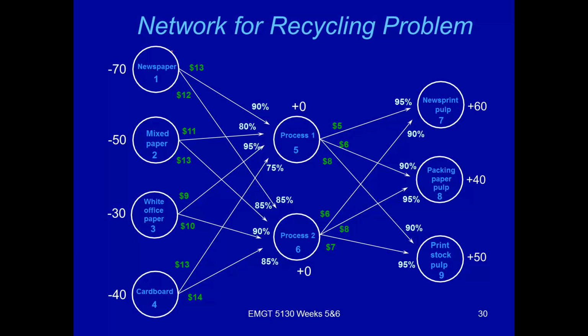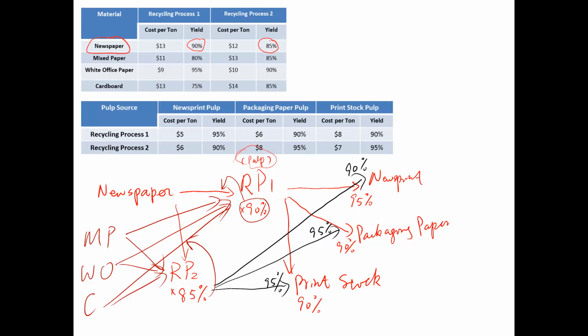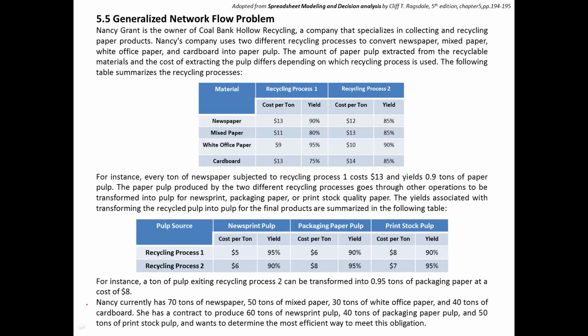Then we know from the problem statement we have 70 tons of newspaper, 50 tons of mixed paper, 30 tons of white office paper, and 40 tons of cardboard. And also, she has a contract to produce 60 tons of newsprint, 40 tons of packaging, and 50 tons of print pulp.